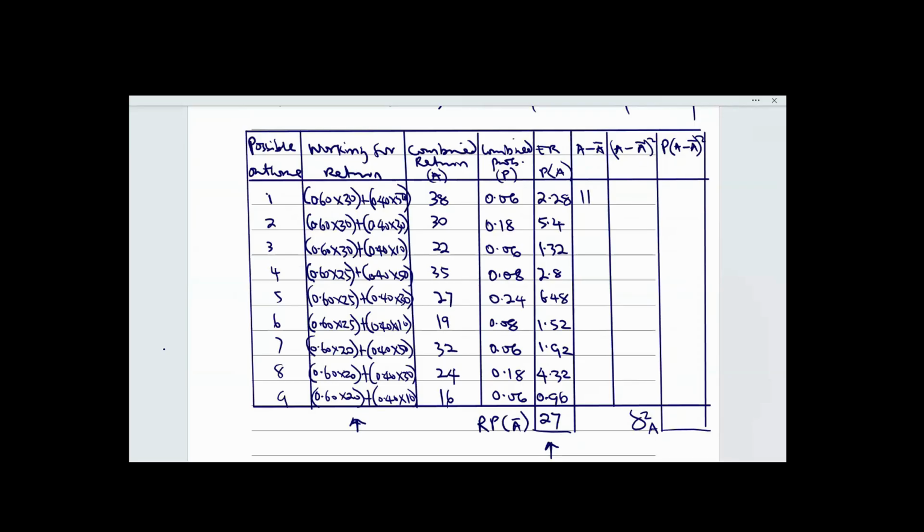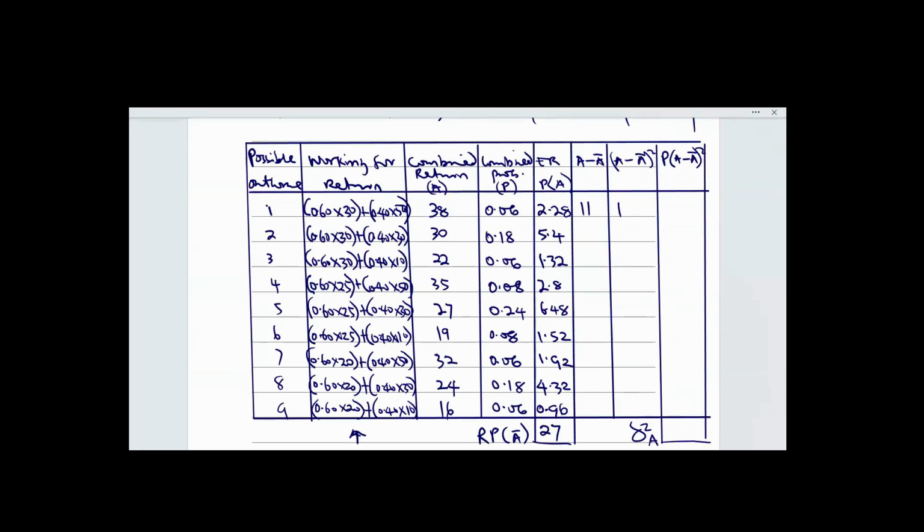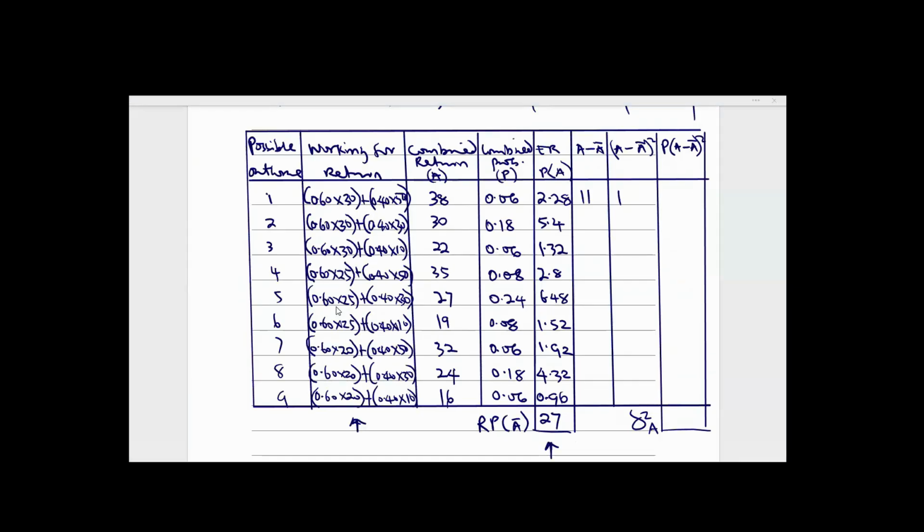So 11 squared will give us 121. So 121 multiplied by probability of 0.06.